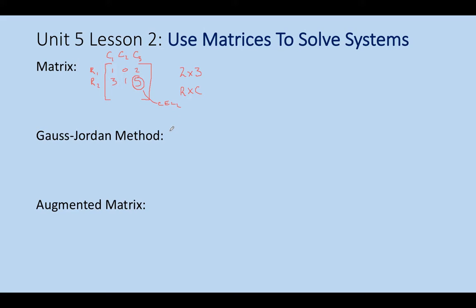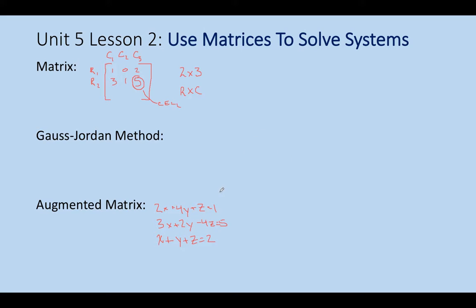The Gauss-Jordan method basically goes like this. You are going to take an augmented matrix. And so what is an augmented matrix? Well, let's say I had a system of equations like 2x plus 4y plus z equals 1, and 3x plus 2y minus 4z equals 5, and x plus y plus z equals 2.